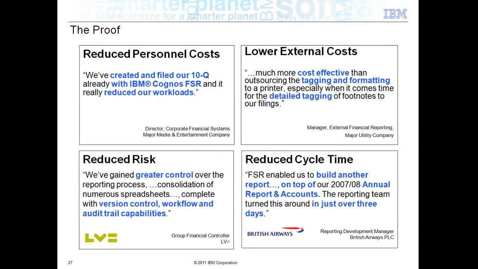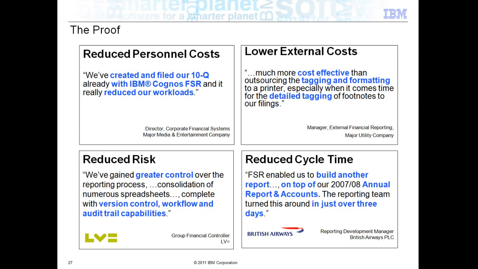And once again, we can say many great things about the tool, but here are some real-world examples from some of our clients talking around four of those key areas. Reducing personnel costs: "We've created and filed our 10Q already with IBM Cognos FSR, and it really reduced our workloads." Another one around lowering external costs, specifically to do with XBRL: "Much more cost effective than outsourcing the tagging and formatting to a printer, especially when it comes time for the detailed tagging of footnotes to our filings."